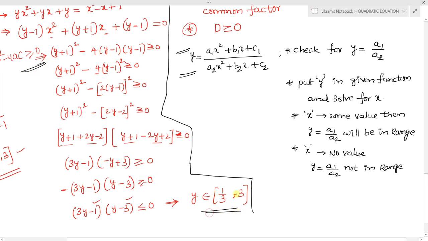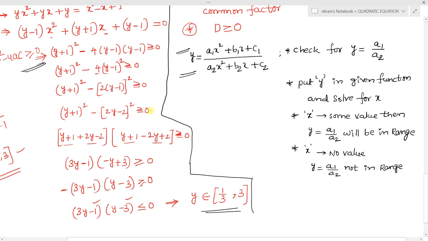After finding the range, check for y equals a1 by a2, put that y value in the given function and solve for x. If some value of x is obtained, then y equals a1 by a2 will be in our range. If no value of x is obtained, then a1 by a2 is not in our required range.